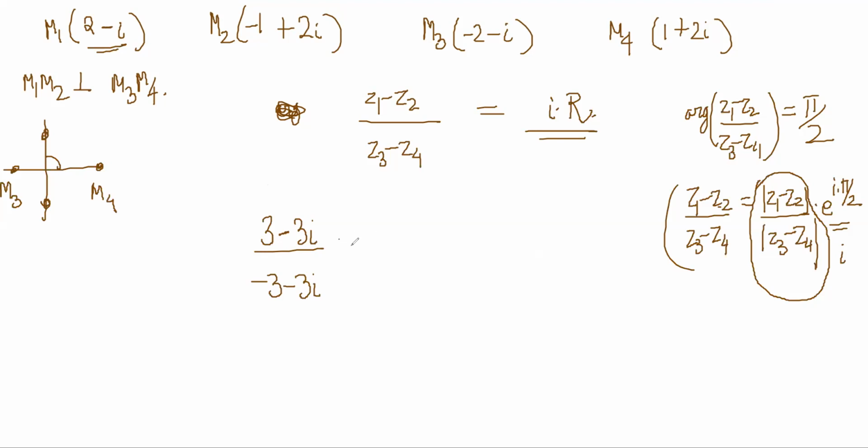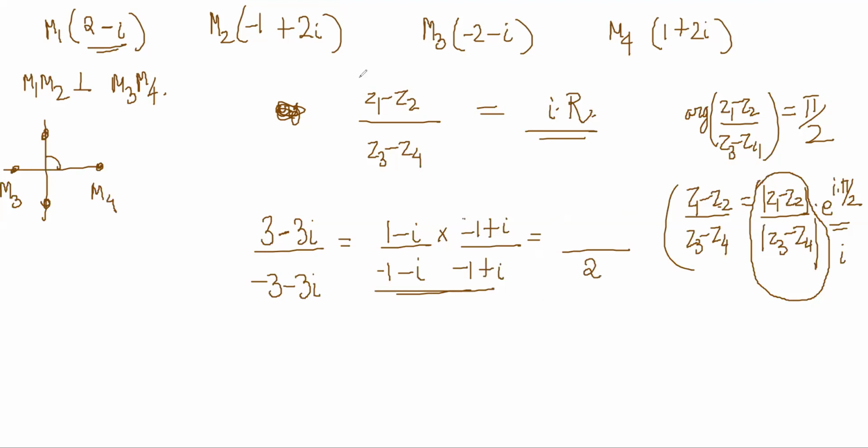So this is equal to 3 cancels, 1 minus i by minus 1 minus i, multiplied by minus 1 plus i by minus 1 plus i. So this denominator becomes minus 1 whole square minus i square. So 1 plus 1, 2.